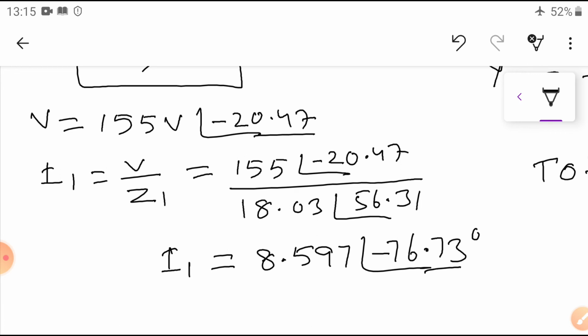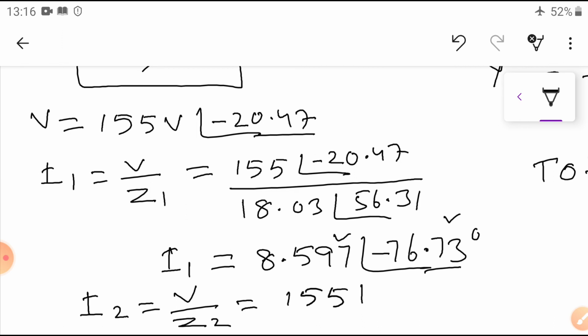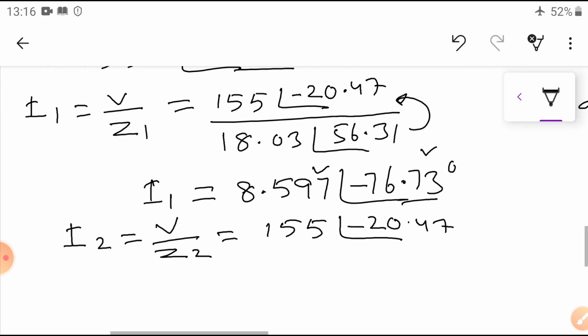So for the I1 current, I know the magnitude and the angle. Similarly, I2 current. I2 current is V by Z2. So what is the V? Same 155, at an angle of minus 20.47. So divided by Z2.